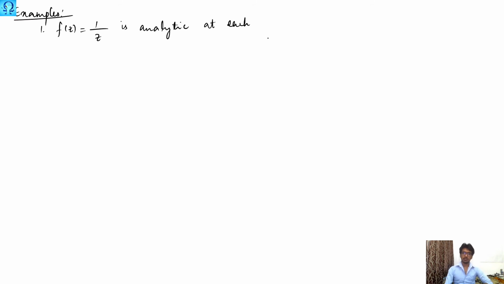So next we produce some examples. f of z equals 1 upon z is analytic at each non-zero point in the finite plane. Here by finite plane we mean the complex plane, not the extended complex plane.